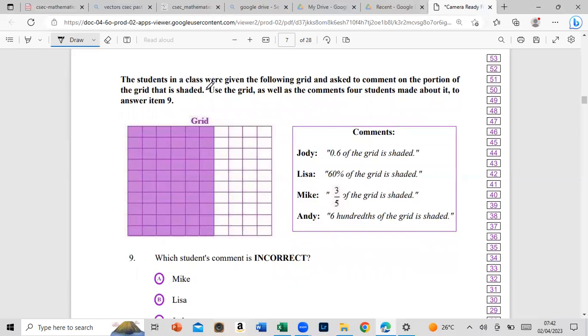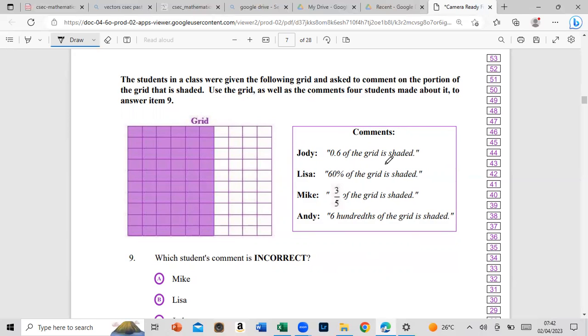The students in a class were given the following grid and asked to comment on the portion of the grid that is shaded. Use the grid as well as the comments that 4 students made about it to answer item 9. So here is the grid, and it says, Jody says 0.6 of the grid is shaded. Is Jody correct? Put that in the comment section.